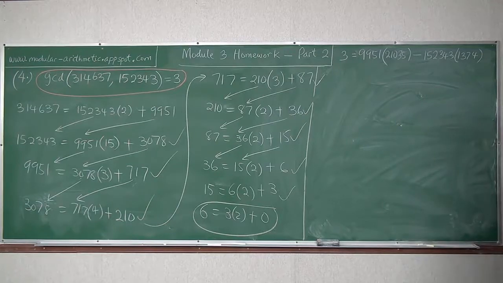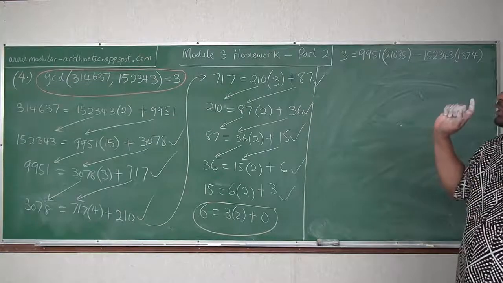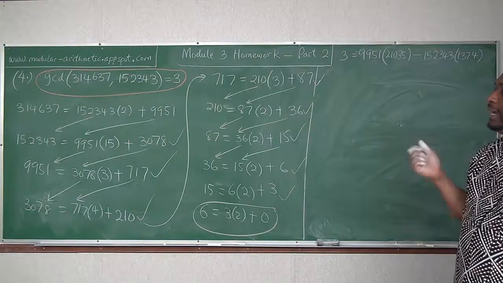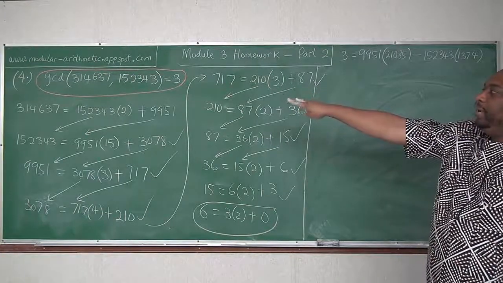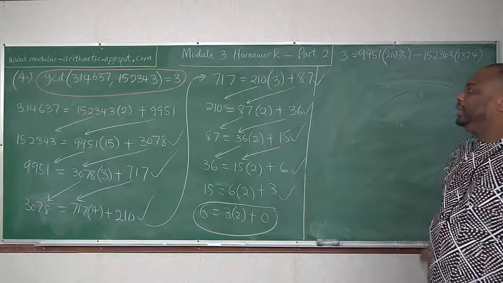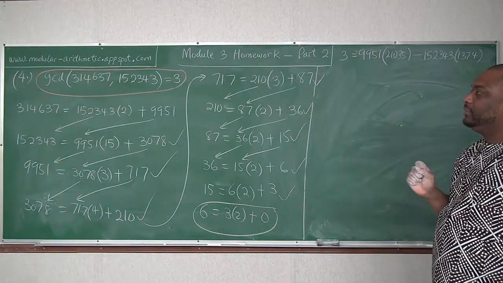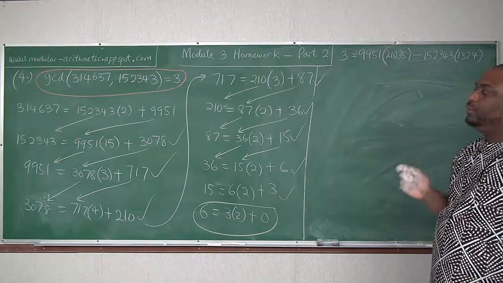Okay? The last step we have to do to get our answer is we isolate 9951. Okay, we solve for 9951 because we need to see the dividend and the divisor. The dividend is 314637 and the divisor is 152343.